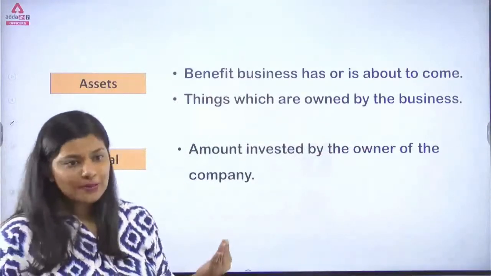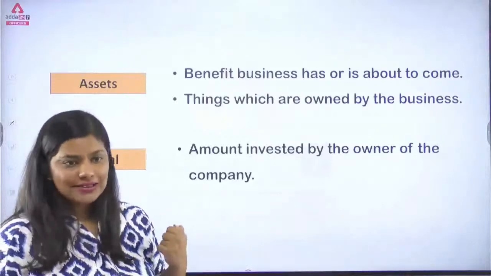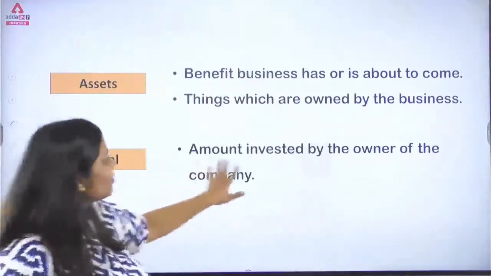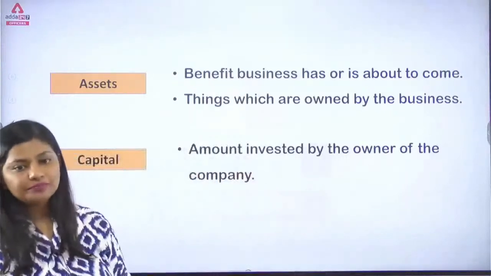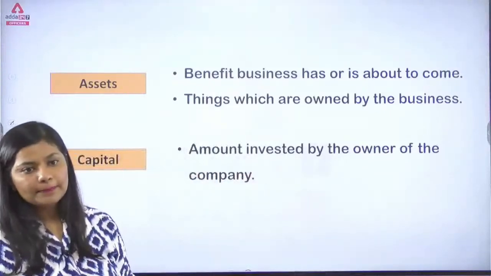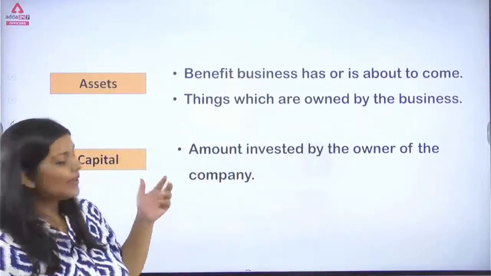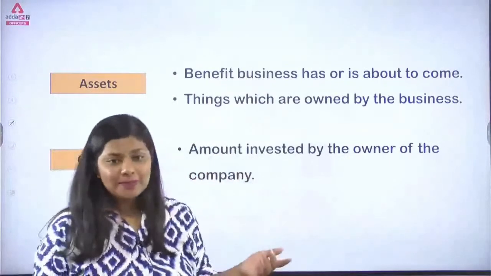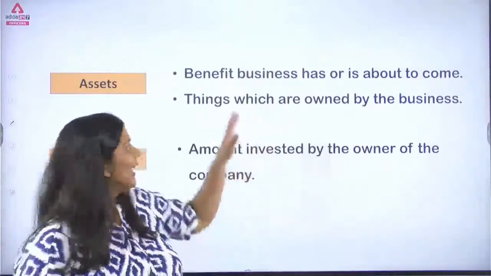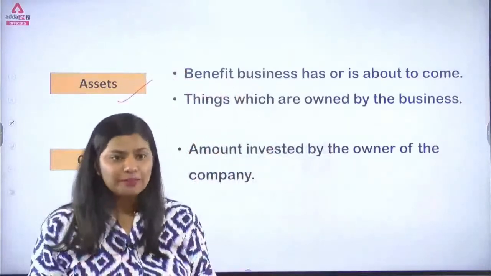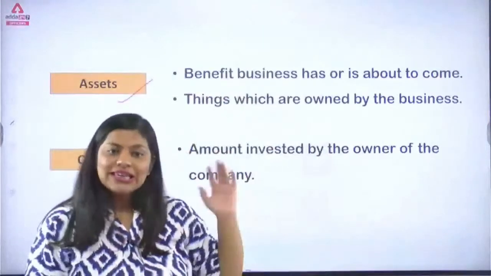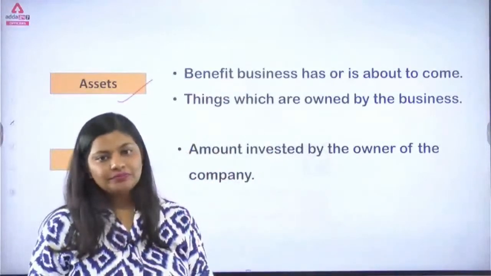Anything that is owned by the business is the asset, right? And the amount that is invested by the owner in the company will be called capital. So capital is the amount invested by the owner of the company. And assets are income generating units that are going to bring a benefit to the organization, to the business. I hope this is clear.